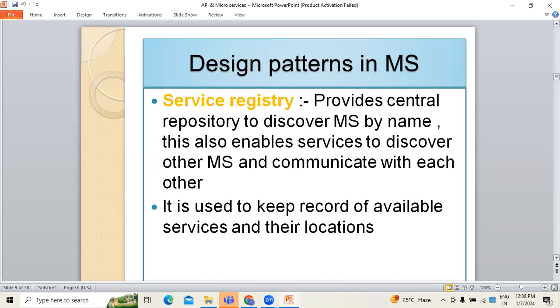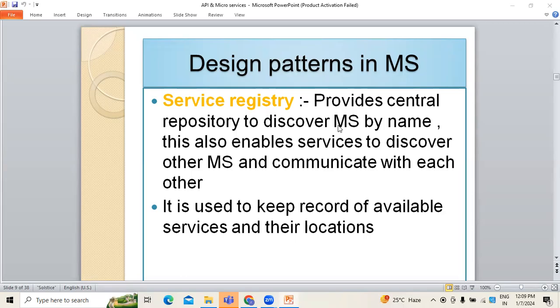As microservices are loosely coupled, for different components, different microservices will be developed. So communication among these microservices that we are going to create is essentially important, which we normally do whenever we are working on the service registry part.